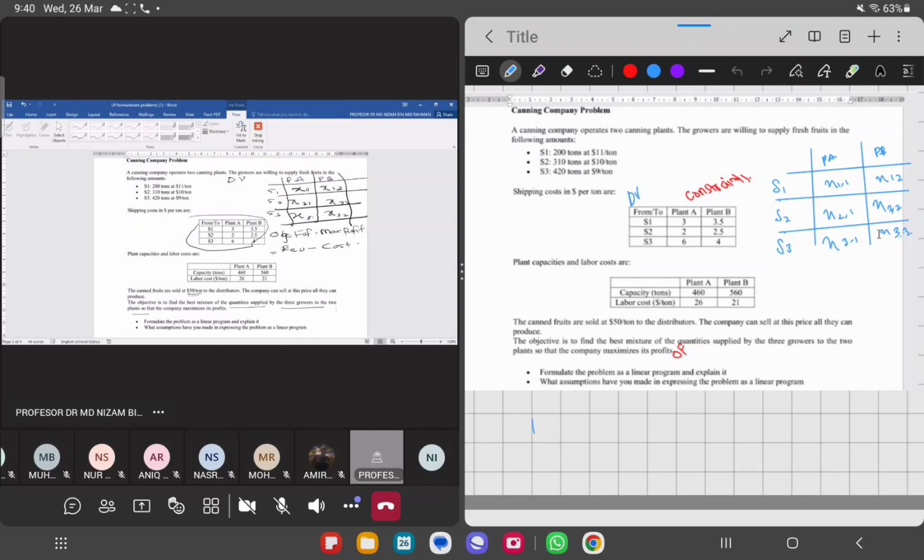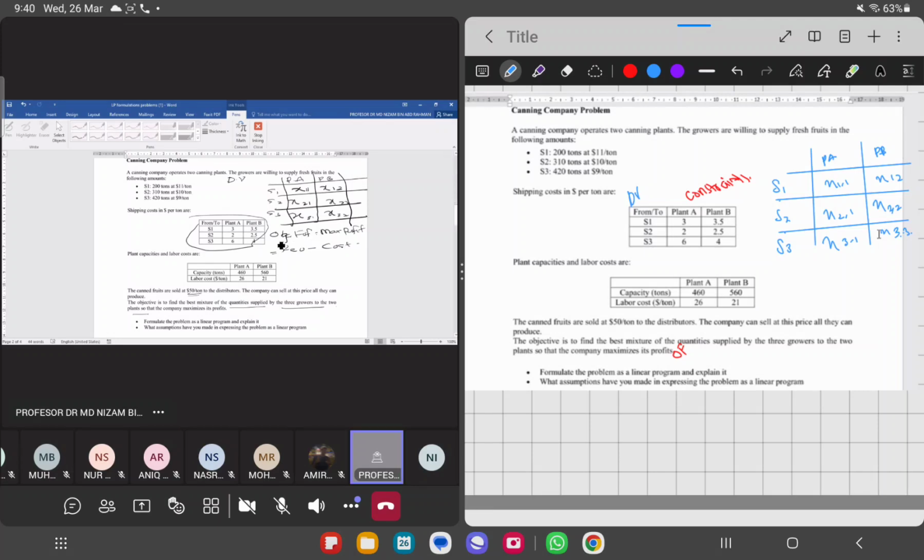Have you taken engineering mathematics? Engineering economics. You've taken it already, right? So how do I calculate revenue?